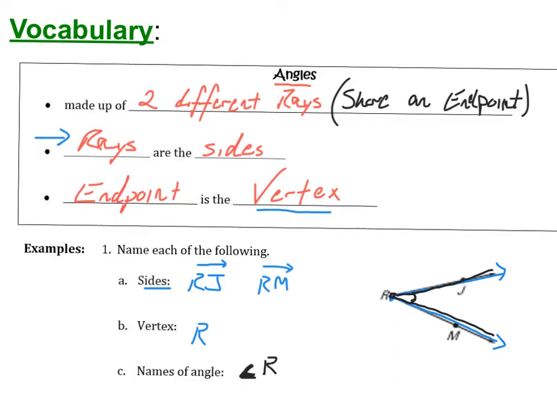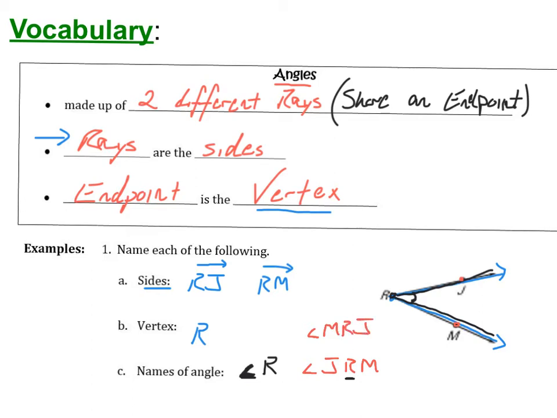Another option, if you want to be more specific, is I can use the other 2 points inside my angle. So I could call it angle JRM. Notice that I put R in the middle because R is the vertex. The other option would be to just go in reverse. You could name it angle MRJ.